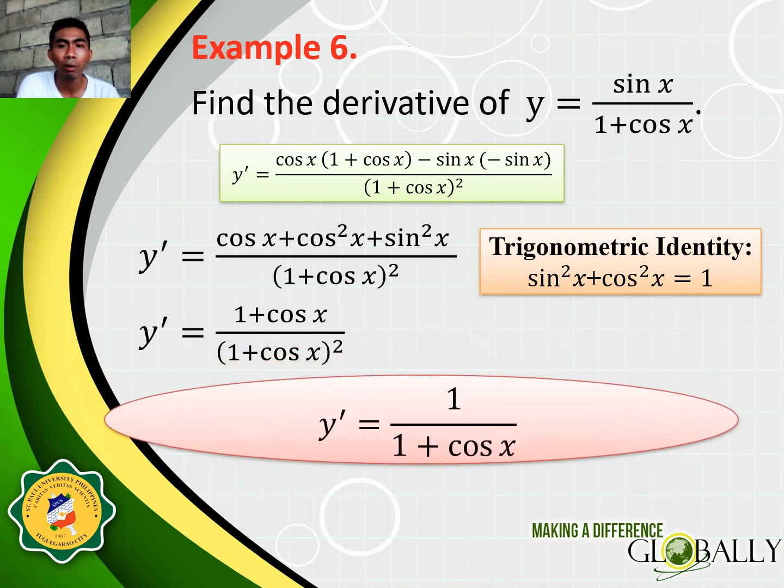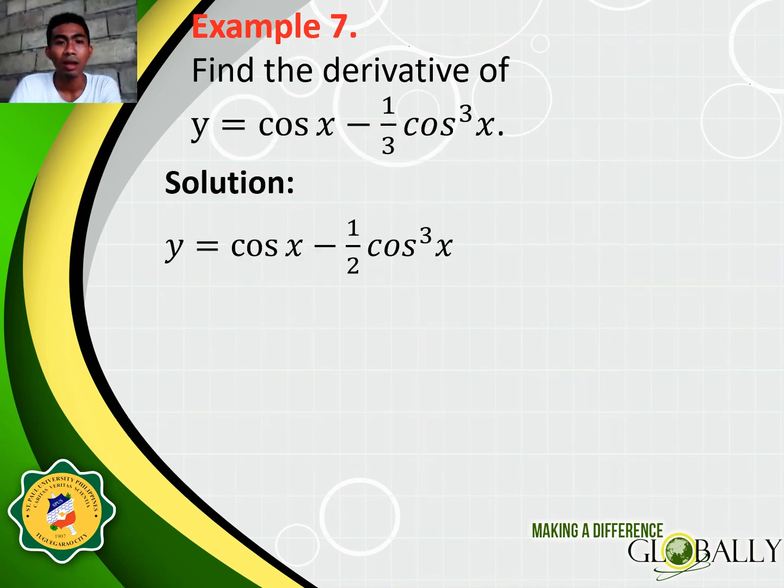Therefore, the derivative of sine x over 1 plus cosine x is 1 over 1 plus cosine x. So let's proceed to example number 7.